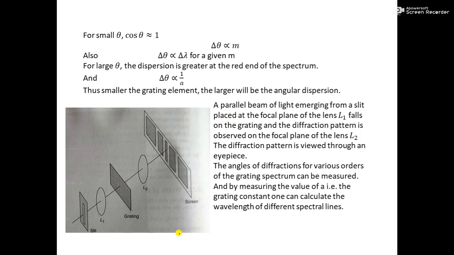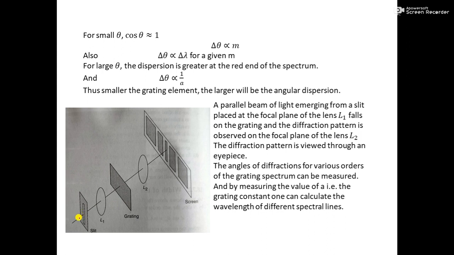This is an arrangement. Let a parallel beam of light emerging from a slit placed at the focal plane of the lens L1 fall on the grating. This is the lens L1, and this is the grating.